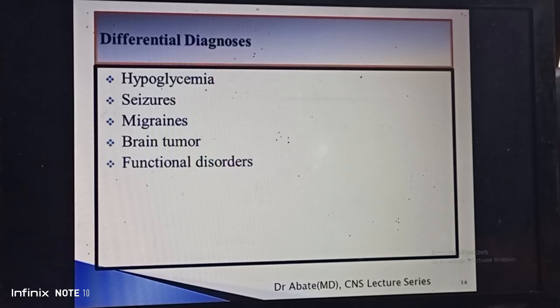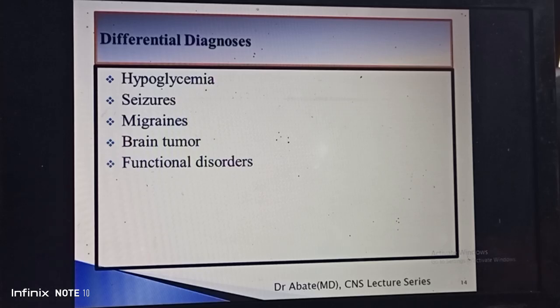So you have to search for any possibility of hypoglycemia, whether the patient had been taking oral hypoglycemic agents or insulin, or you have to take a meal history about the patient, whether the patient has taken a meal in recent times or not.